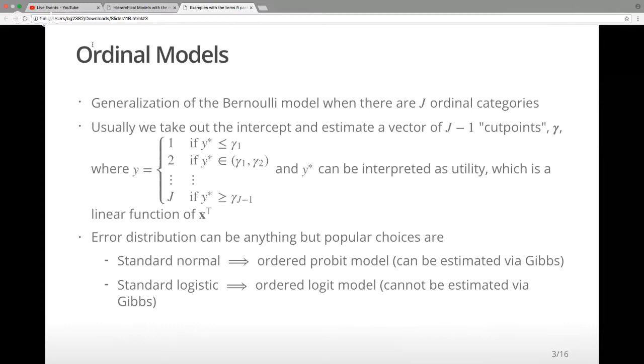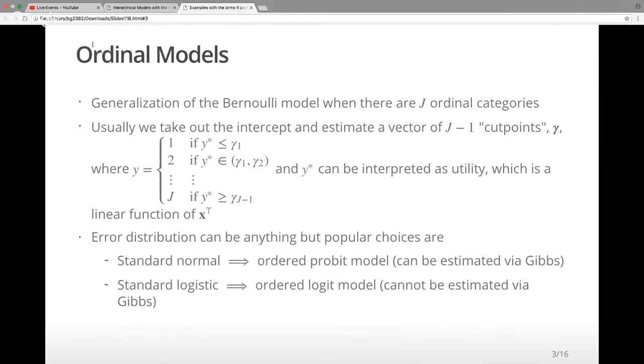This can be estimated by Gibbs sampling, and if you look at some of the outdated literature on how to do a Bayesian model like this, they will be using a Gibbs sampler. It's fairly easy to estimate without Gibbs sampling using Stan these days, but certainly there's a series of papers about how to do this from a Bayesian perspective using Gibbs sampling.